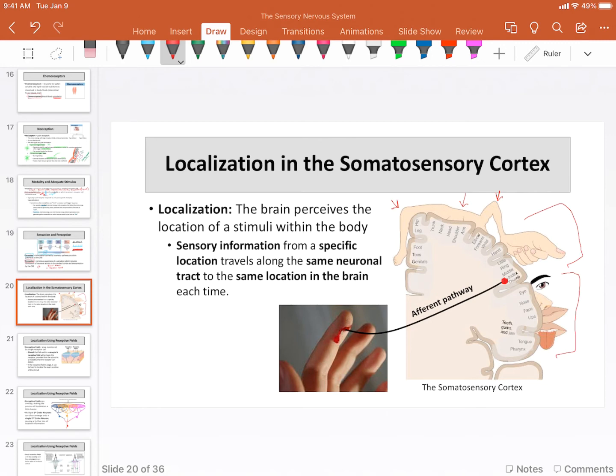In addition, you'll notice the large area that is devoted to the face. We use our faces also to interact with the world, especially lips. We kiss, we talk, of course. We use our tongue. If you think about infants, as they're learning about their world, their eyes aren't as developed when they're first born.